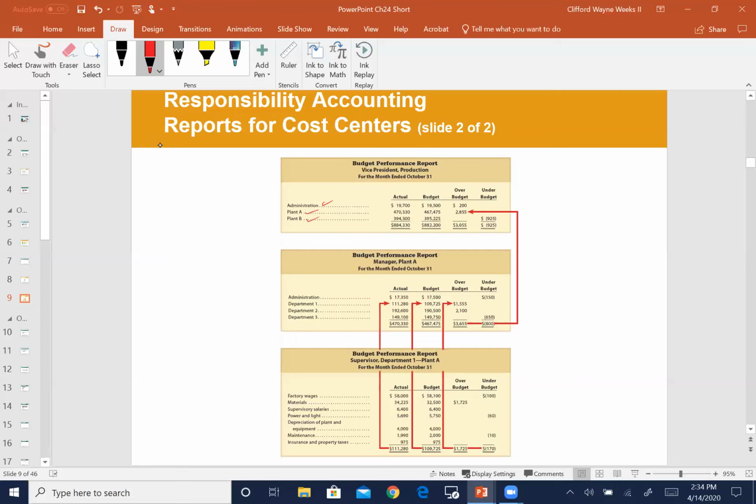Steve does. And so what he does is he says, give me the budget performance report for my plant. Now, I want to point out something: if these two plants are producing the same thing, the manager from plant A better not just say, oh, that's inflation.